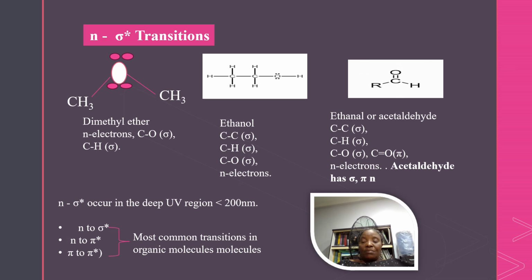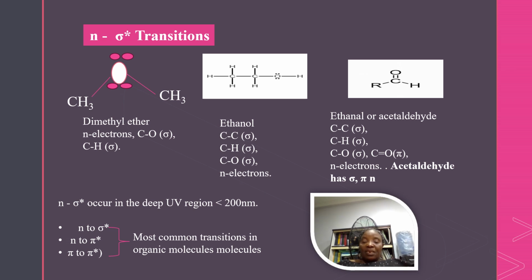Like sigma to sigma star transition, n to sigma star transition occurs in the deep UV region. It absorbs light less than 200 nanometers and can also be used as solvents in the UV-vis region. n to sigma star transition has less energy compared to sigma to sigma star transitions.